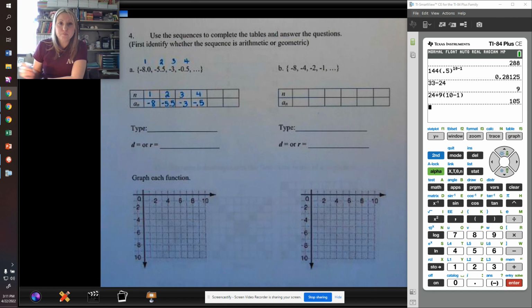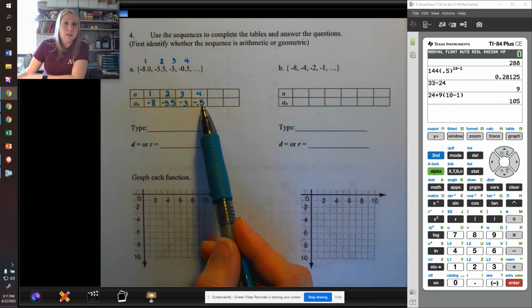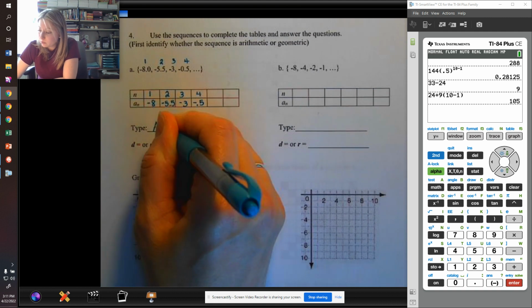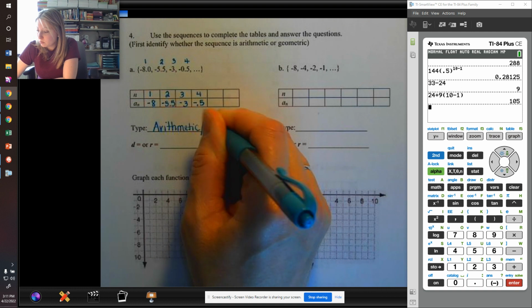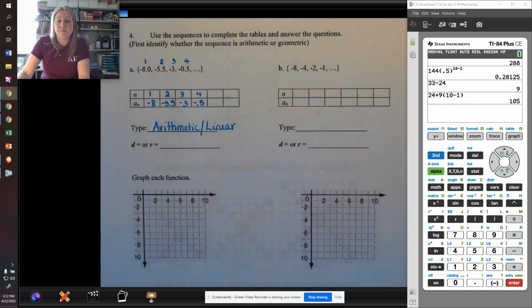Okay. And I can also see already that this is a linear pattern. It's an arithmetic. And a linear pattern comes with that. So let's prove that by getting our common difference. So negative 5.5 minus negative 8.